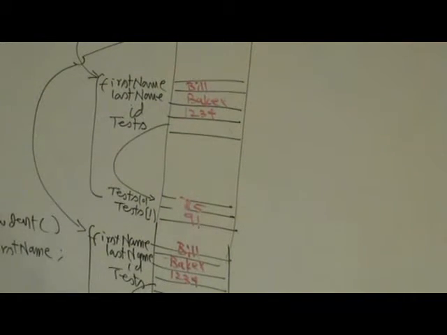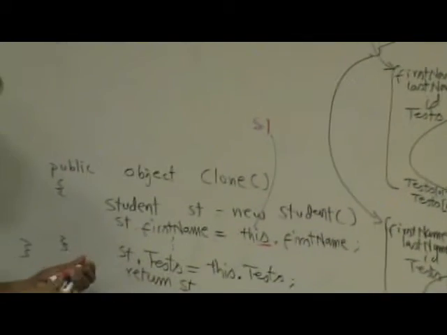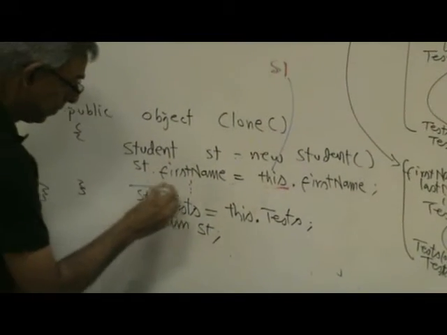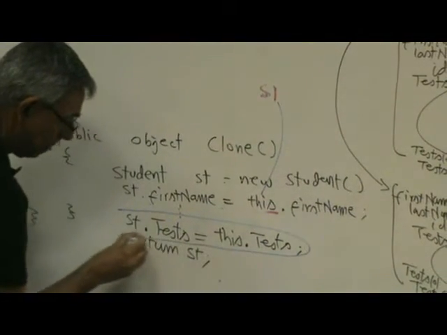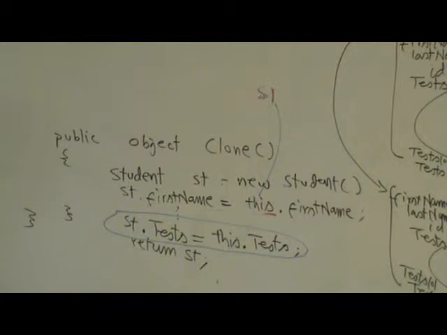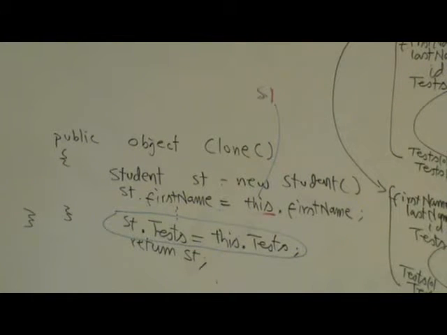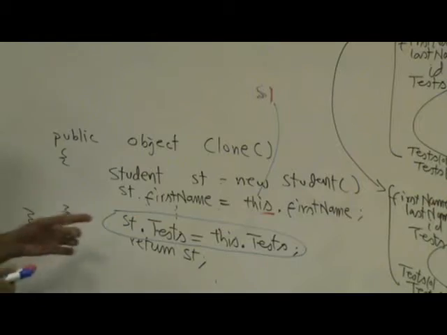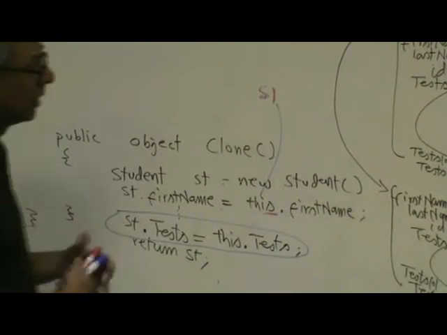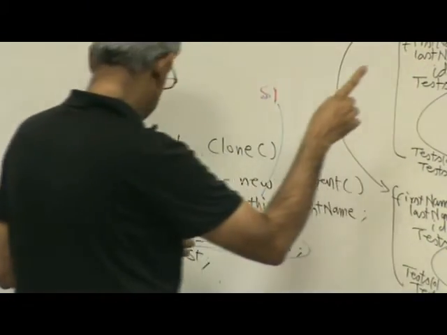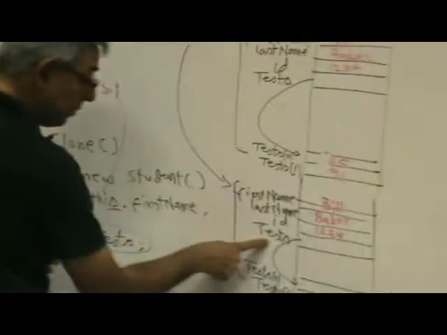Yes. Okay, so now let's come to this line. This is the most important line. What will it do now? Okay, what is tests? Is it an individual value type, or is it a reference type? It's a reference type, right? So S1.tests, so basically ST.tests is over here.